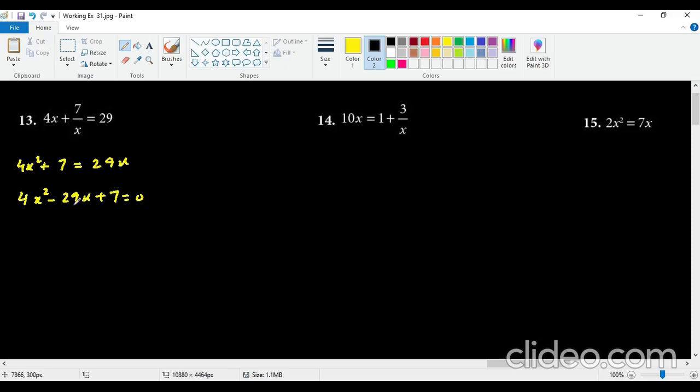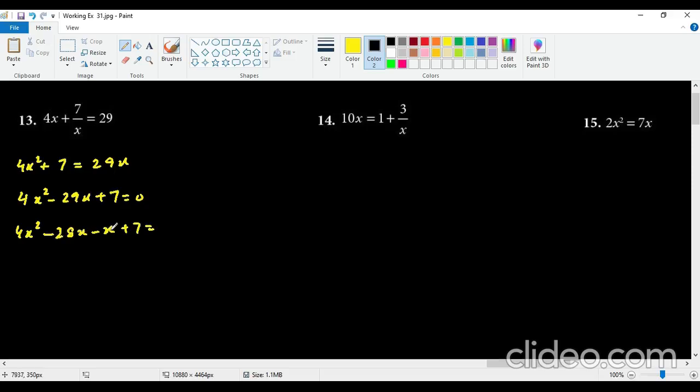7 times 4 is 28, and 28 and 1 give us negative 29. So I will write 4x squared as it is, and then minus 28x and minus x plus 7, because 28 times 1 is 28.